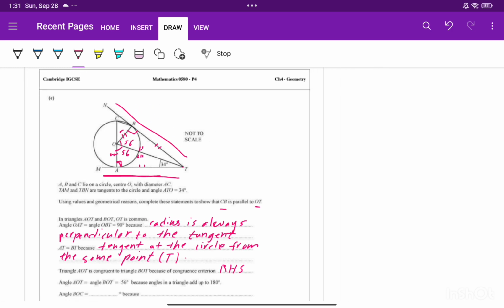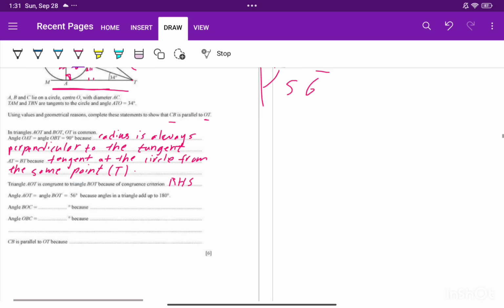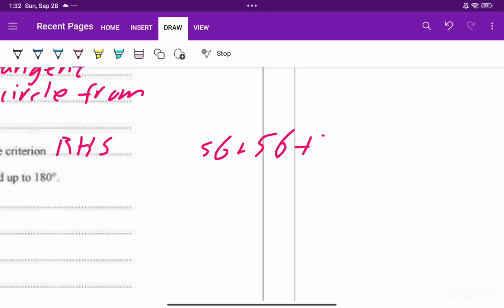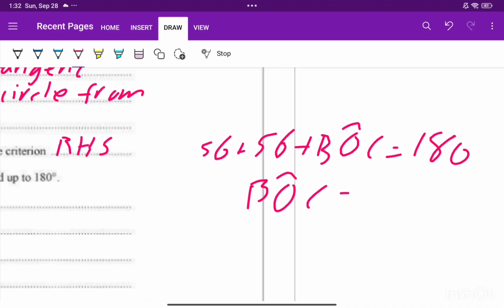So this is becoming a straight line. This is 56 and this is 56, and angles on a straight line add up to 180. So 56 plus 56 plus angle BOC is equal to 180. So BOC will be equal to 68. Why?